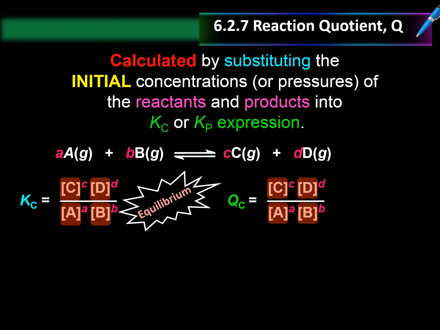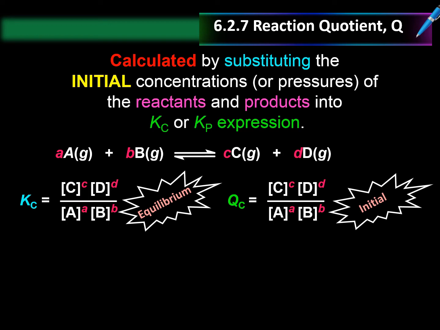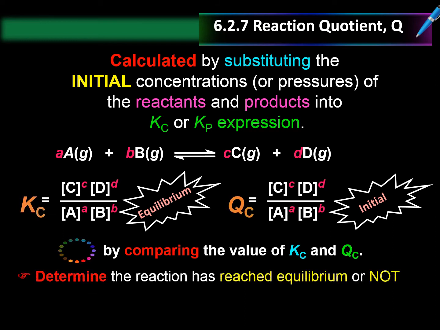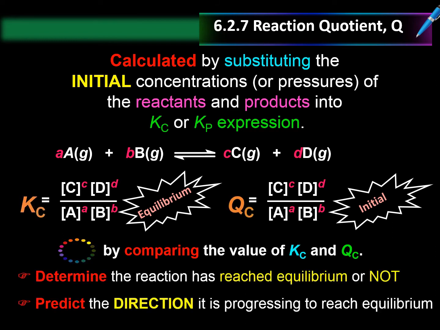By comparing these two values of Kc and Qc, we can determine whether the reaction has reached equilibrium or not, and also predict the direction in order to reach equilibrium.